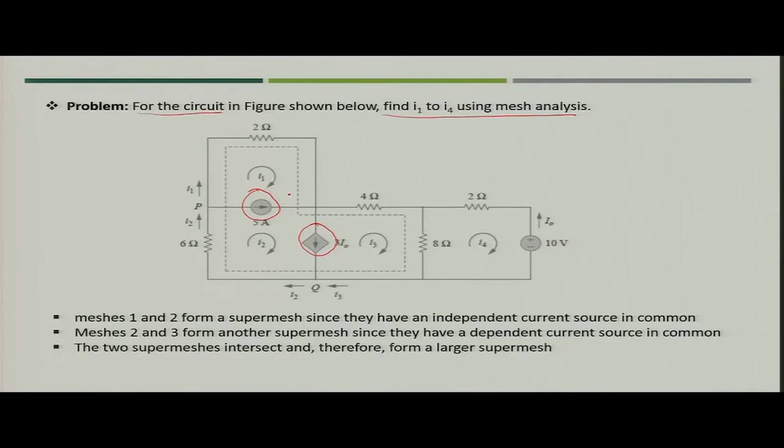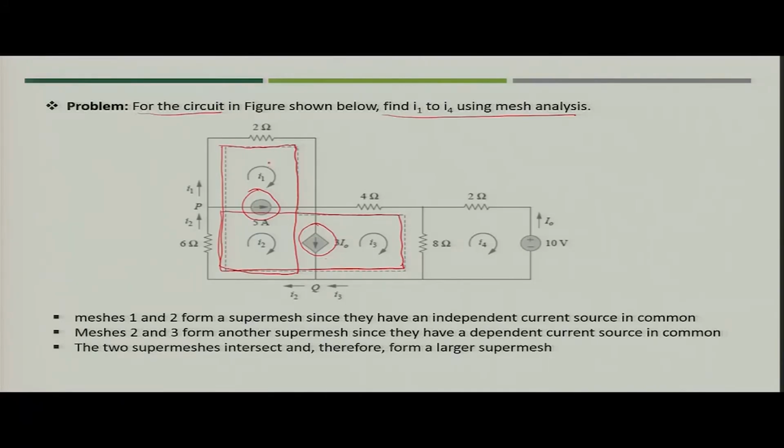What we discussed previously, if you apply that technique to find the super mesh, you will first remove this particular link, and you will get one super mesh like this. Now, we know that there is another current source. If you remove this current source, you will get another super mesh, this one.